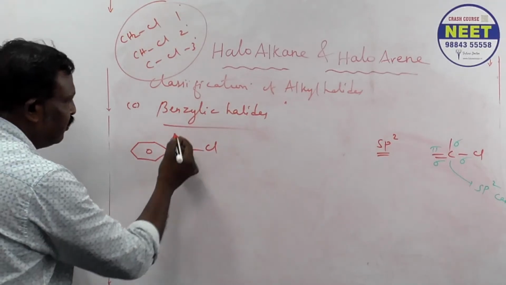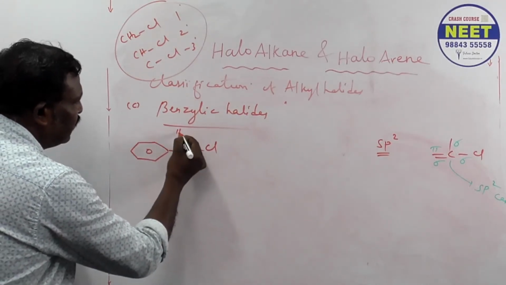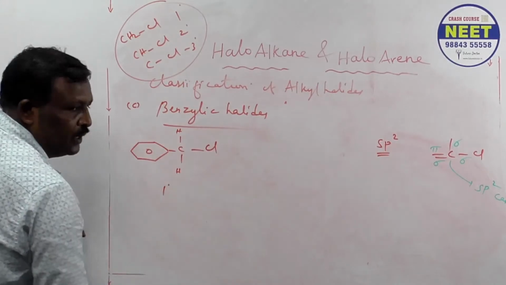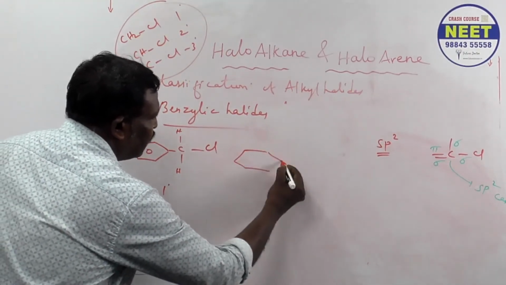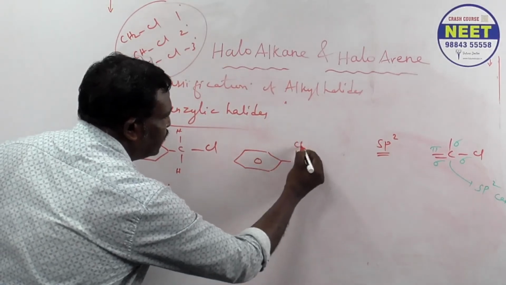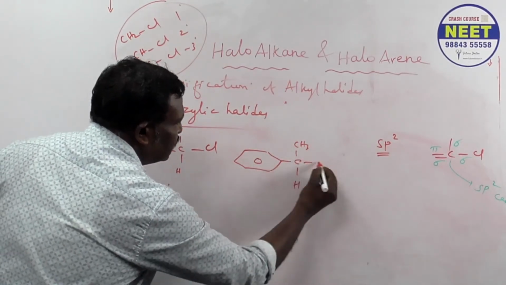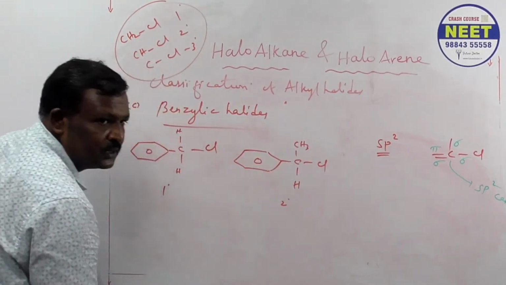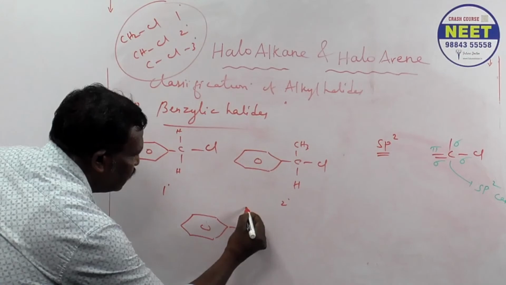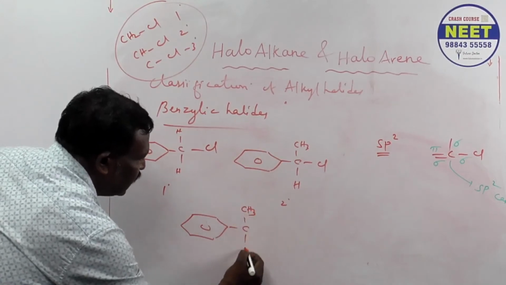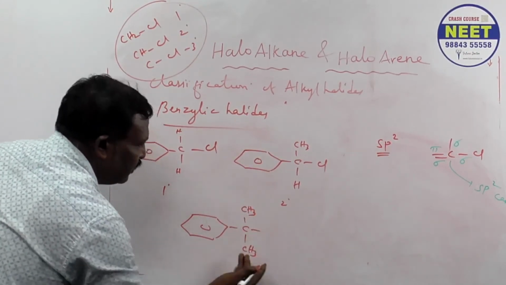Here both sides H, H means primary benzylic halide. If I put CH3, with H there, it's called secondary benzylic halide. Here also CH3, CH3, it may be anything, methyl, ethyl.